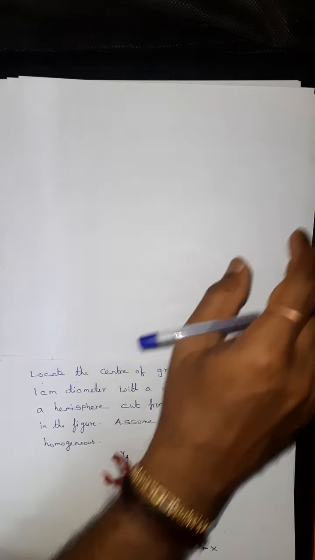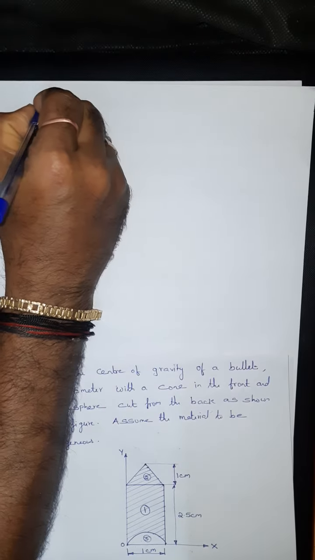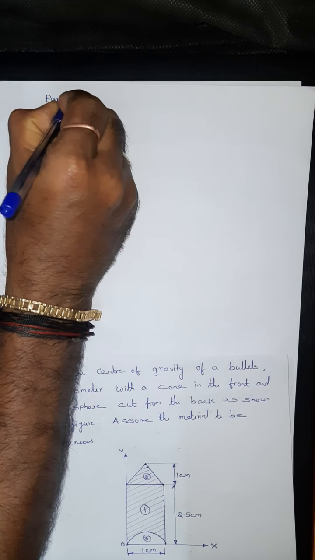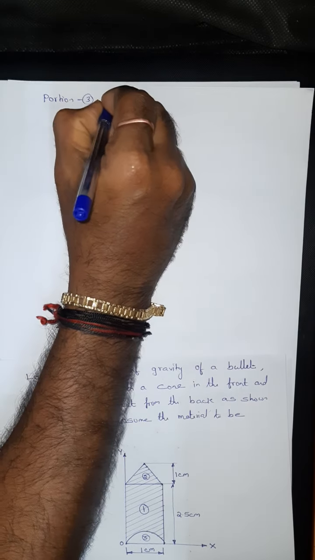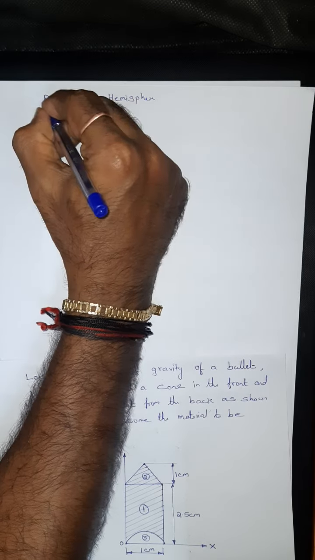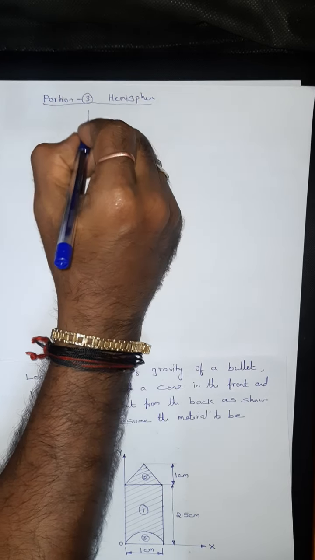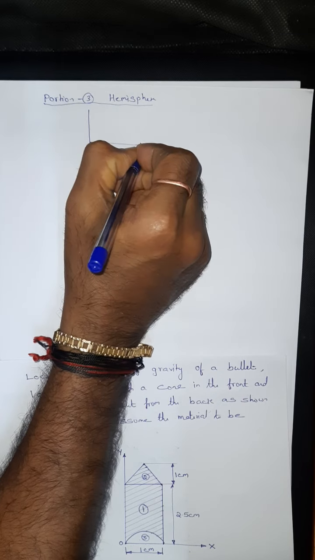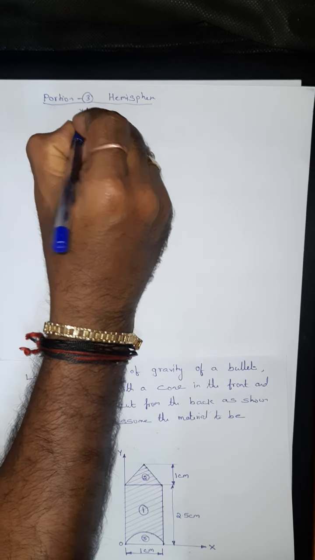Right. So next portion is of the hemisphere. So the third portion, portion 3, hemisphere. So let me just draw the location here. So this is x-axis and this is y-axis.